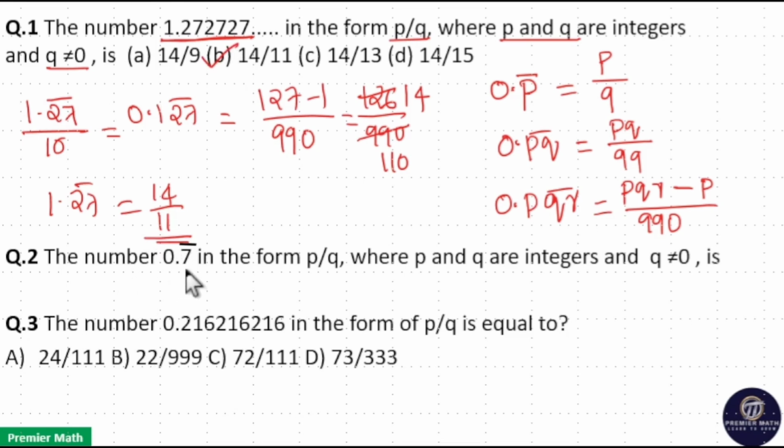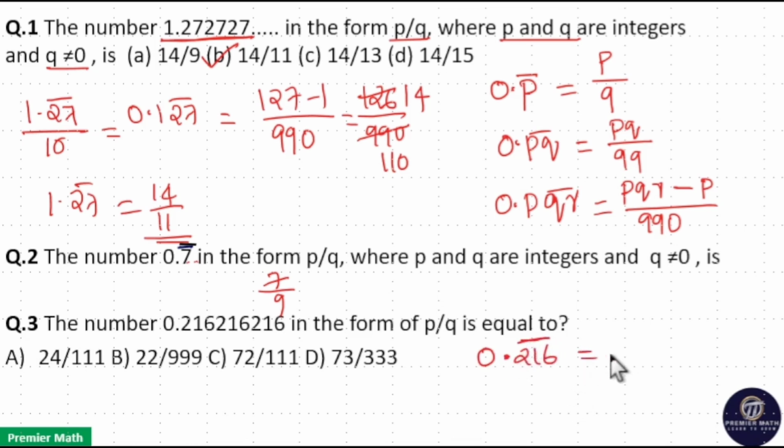Here number 0.7 bar in the form of P by Q means 7 by 9. Only one number is repeating. This is in the form of 0.77777. This is 0.7 bar. 0.7 bar means 7 by 9 is your answer. Same way, number 0.216216. Here this is equal to 0.216 bar.